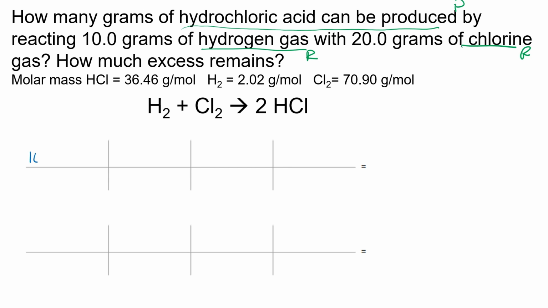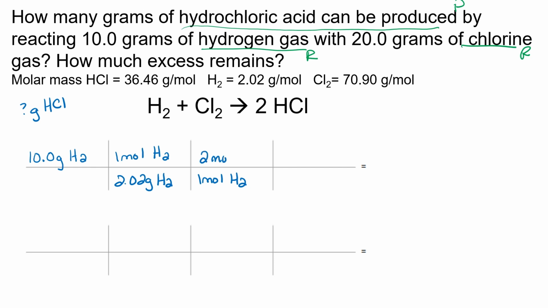So I'm going to start with my first problem being my 10 grams of hydrogen gas, and I'm looking for my grams of hydrochloric acid. So for every 1 mole of hydrogen gas, I'm going to have 2.02 grams of hydrogen gas. For every 1 mole of hydrogen gas, I'm going to have 2 moles of hydrochloric acid.